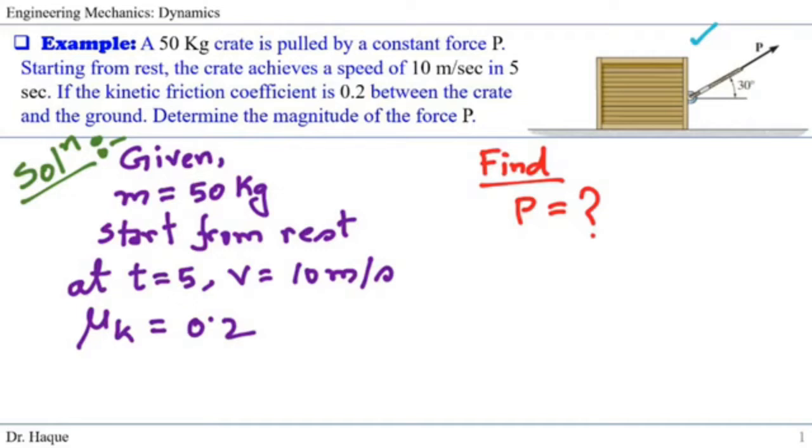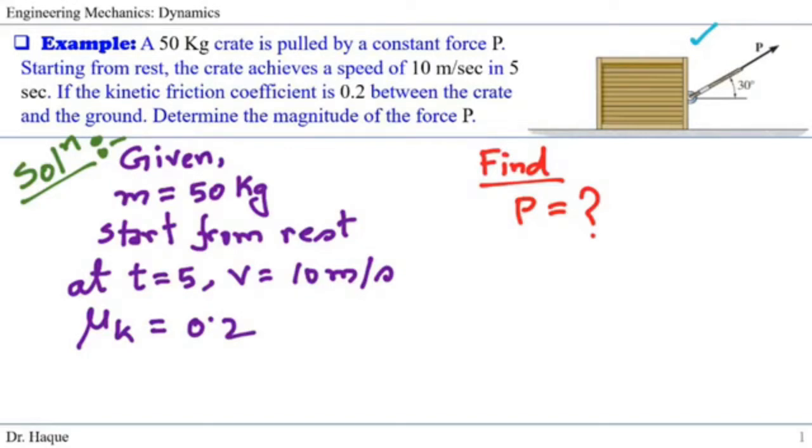Starting from rest, the crate achieves a speed of 10 meters per second in 5 seconds. So the velocity is 10 meters per second, and it achieves that velocity within 5 seconds from 0. If the kinetic friction coefficient is 0.2 between the crate and the ground, determine the magnitude of the force.